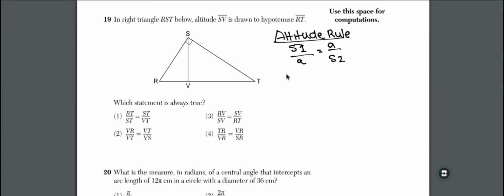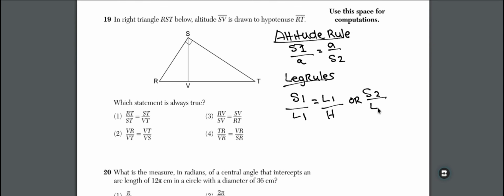But I also want you to remember your leg rules, which state that side 1 over leg 1 equals leg 1 over the hypotenuse, or side 2 over leg 2 equals leg 2 over hypotenuse. So now, Haneen, I'm giving all of these. How do I know how to apply it?